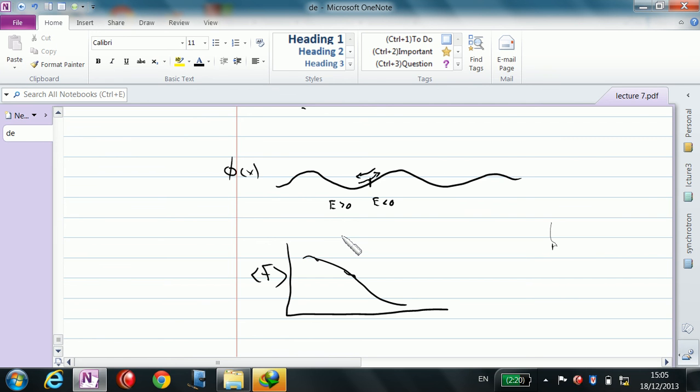Okay, so that's quasi-linear diffusion, and it's a useful concept to know.